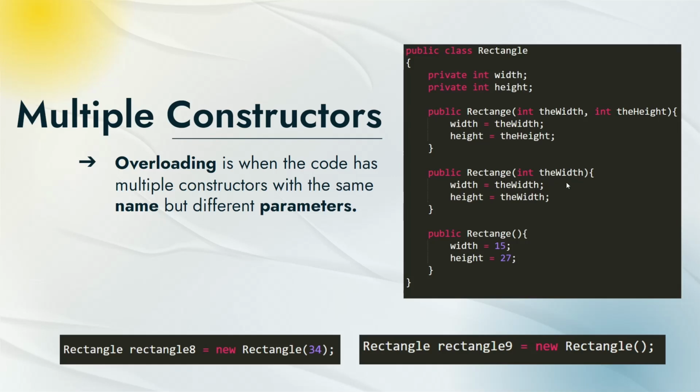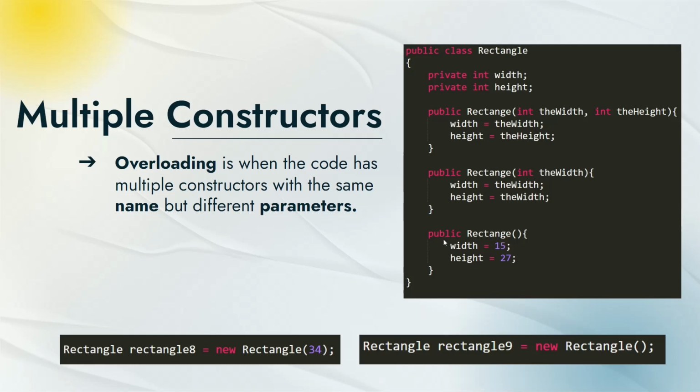So the first constructor is pretty similar to the one in the previous slide. The second constructor, however, only has one parameter, and then both width equals the width and height equals the width. This intuitively doesn't make sense, but when you think about it, if it's a square, all sides are equal. So technically a square is a rectangle, but not every rectangle is a square.